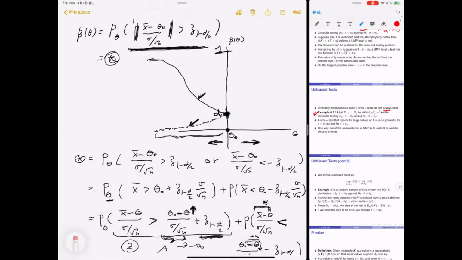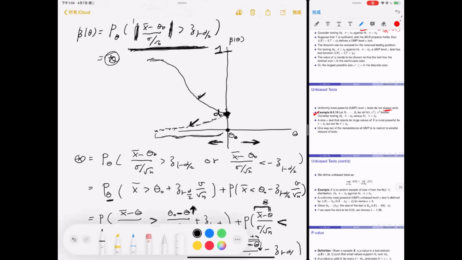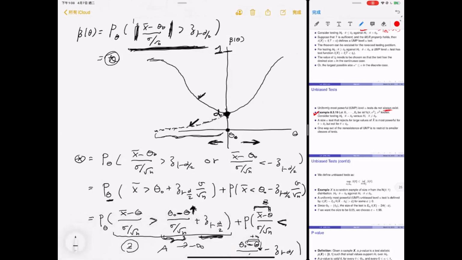If you compare the real line and the dotted line, I've told you that in reality this dotted line is actually slightly more powerful than the real line.